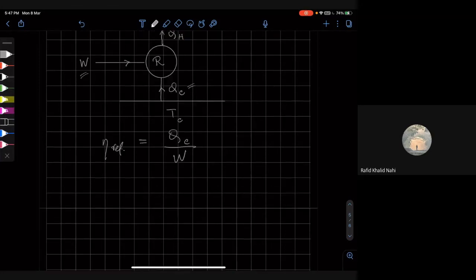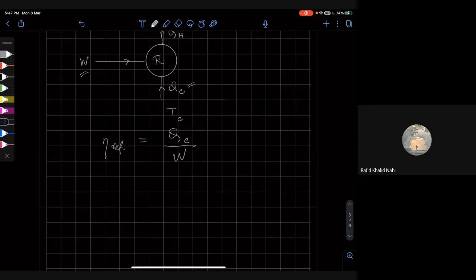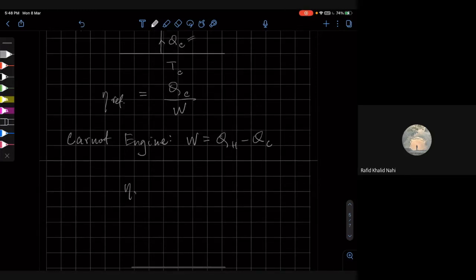Now, suppose that we have a refrigerator which is a Carnot engine. So suppose our refrigerator was a reverse Carnot engine. In that case, the work will be given by QH minus QC. Here, all these things are positive, right? And then for the Carnot refrigerator, the efficiency you can show is QC divided by QH minus QC.